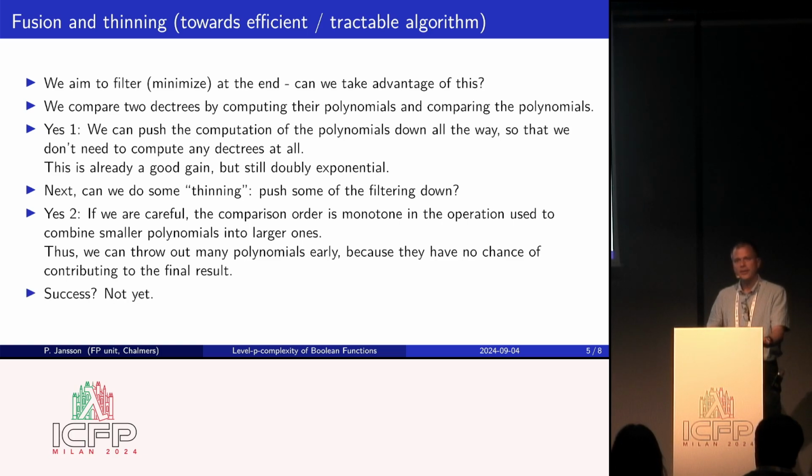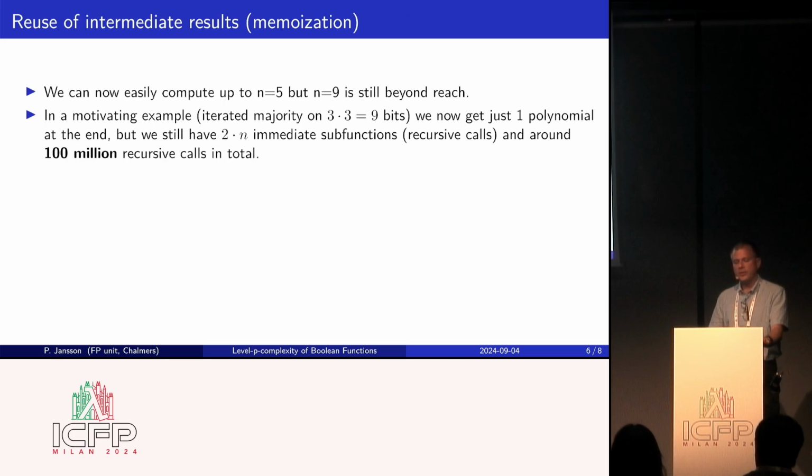Are we done? Unfortunately, not quite yet. So we can easily compute n equals 5, 6, perhaps 7, but n equals 9, so 9-bit functions, is still beyond reach here. And we wanted this iterated majority example. If we start exploring, we realize that this recursive generation of polynomials, it was decision trees first, calls itself recursively 2n times at the top level.